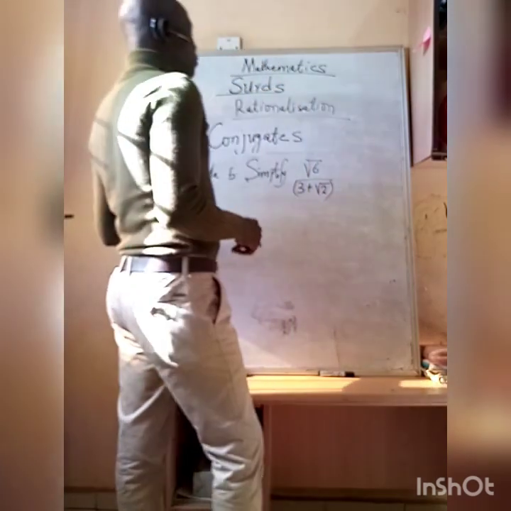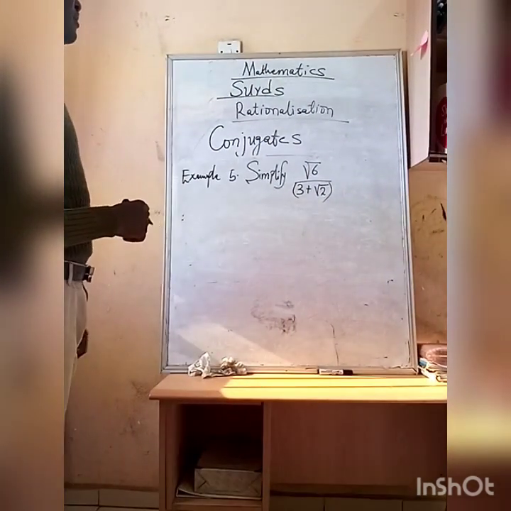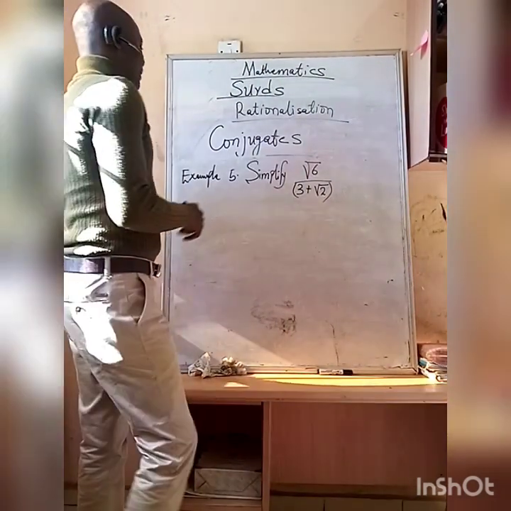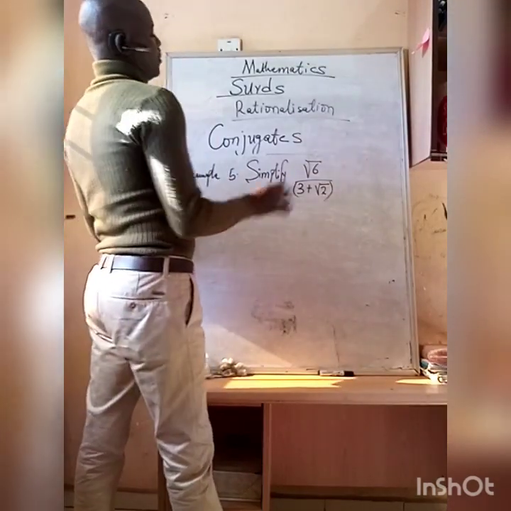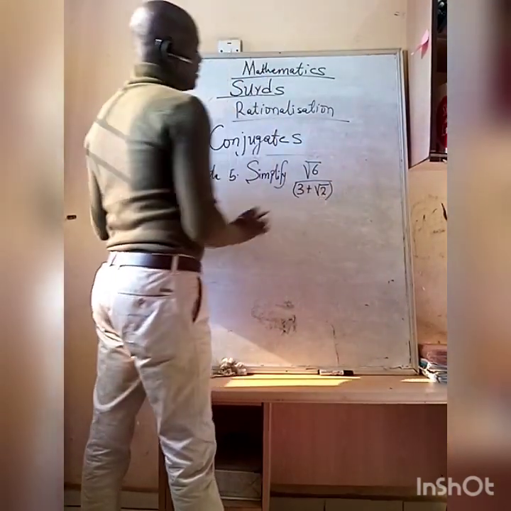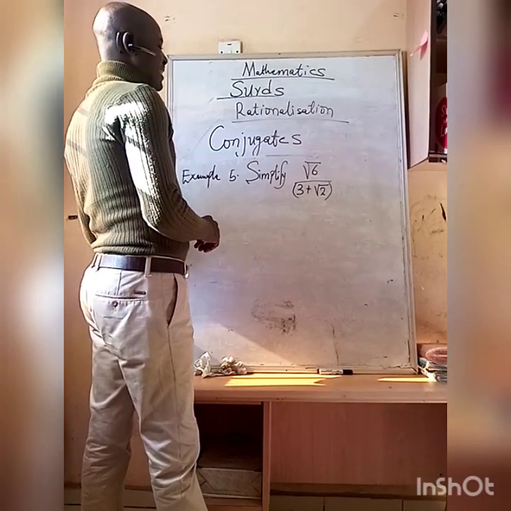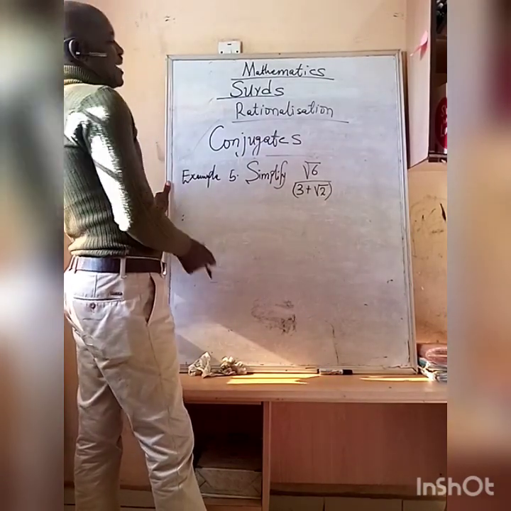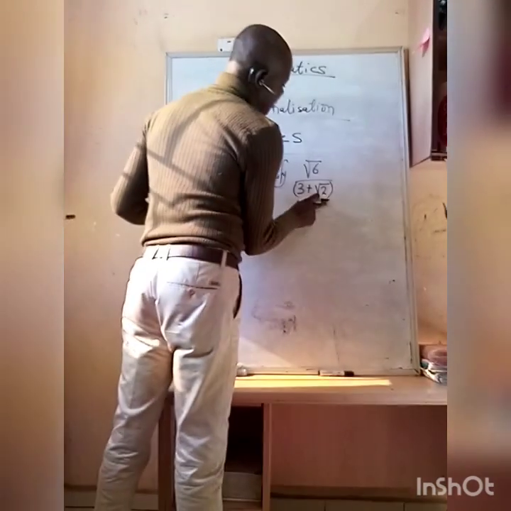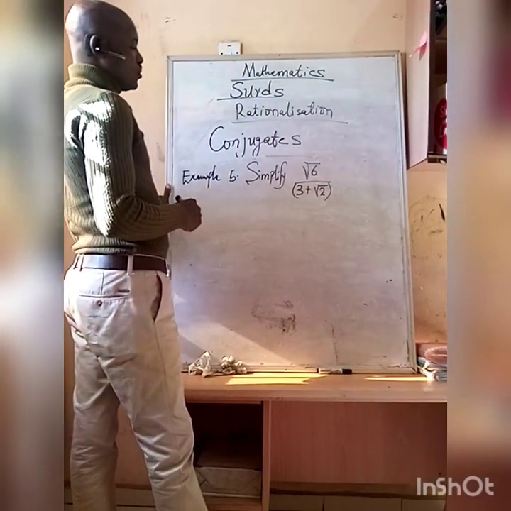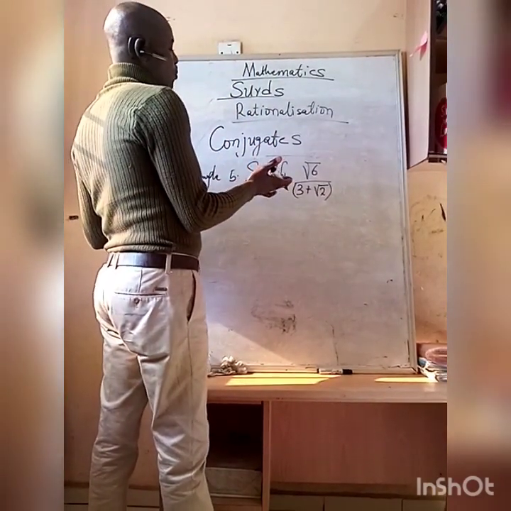Say for instance, we are told to simplify this. This is what we are going to do. Whatever made any part of the denominator to be a surd is an indication that we have to rationalize. But the denominator in this case is not just a simple surd, but a compound one, so to speak.